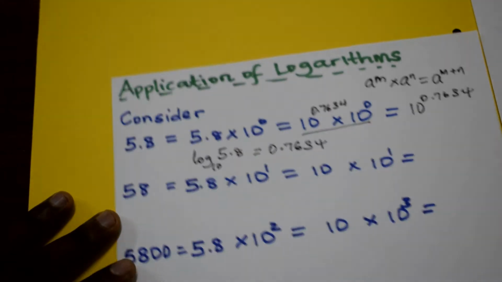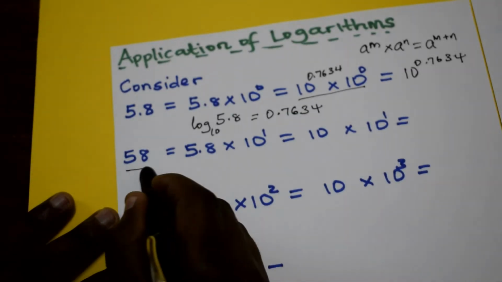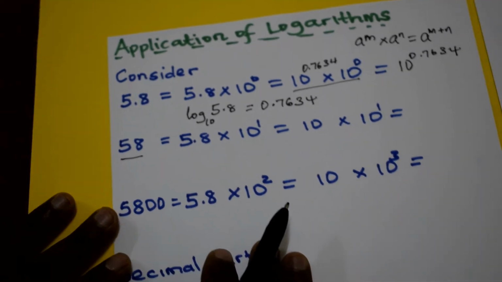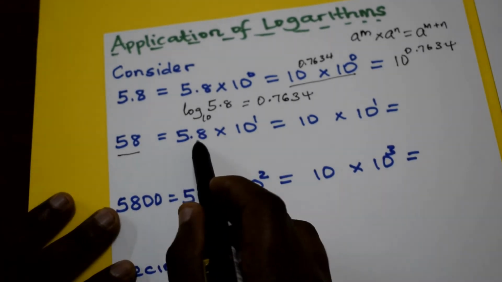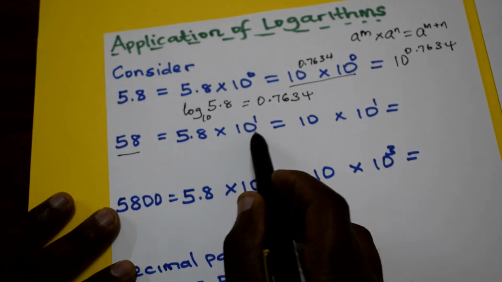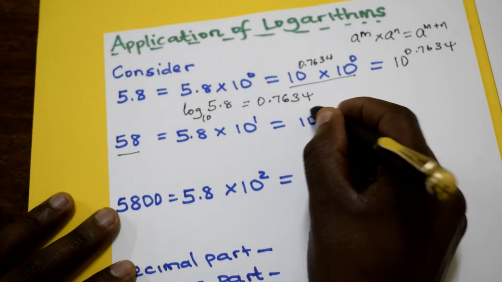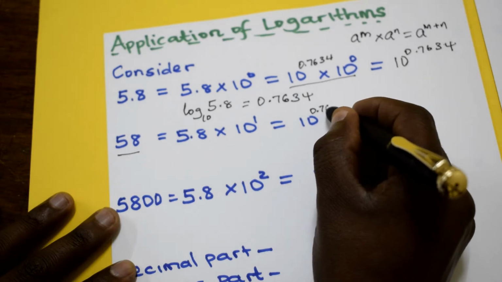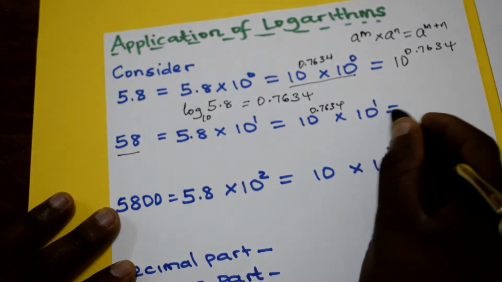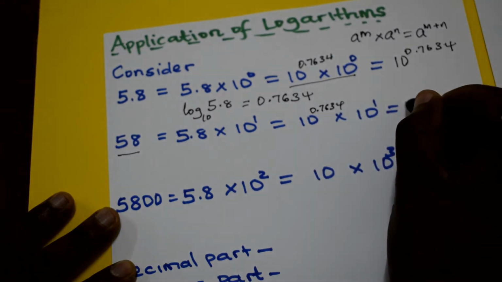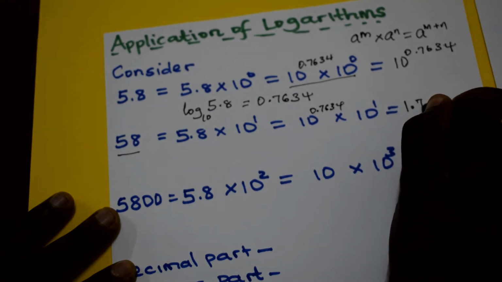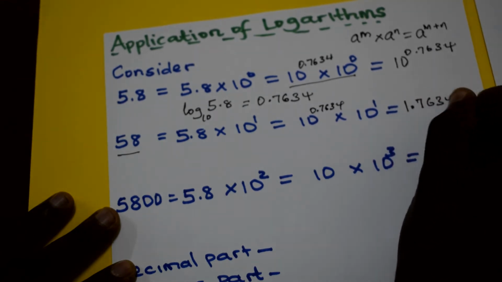So if we consider now a number like 58, 58 in standard form is 5.8 times 10 power 1. This would be 10 power 0.7634 times 10 power 1. So we add the powers, we get 1.7634.